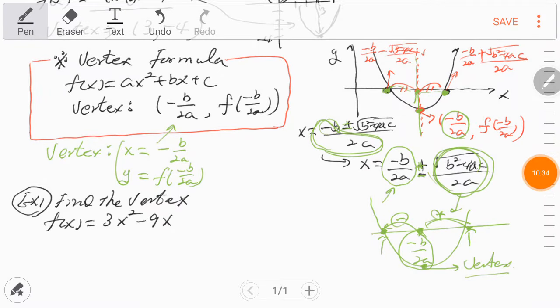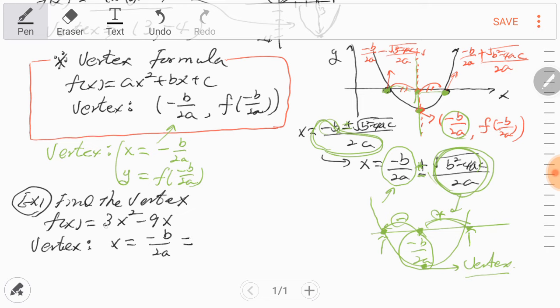Okay, so in this example, let's find the vertex using the vertex formula. We can try using the previous method, completing the square, but it takes time. So why don't we just use the vertex formula? The x-coordinate of the vertex is negative b over 2a, the first part of the quadratic formula.